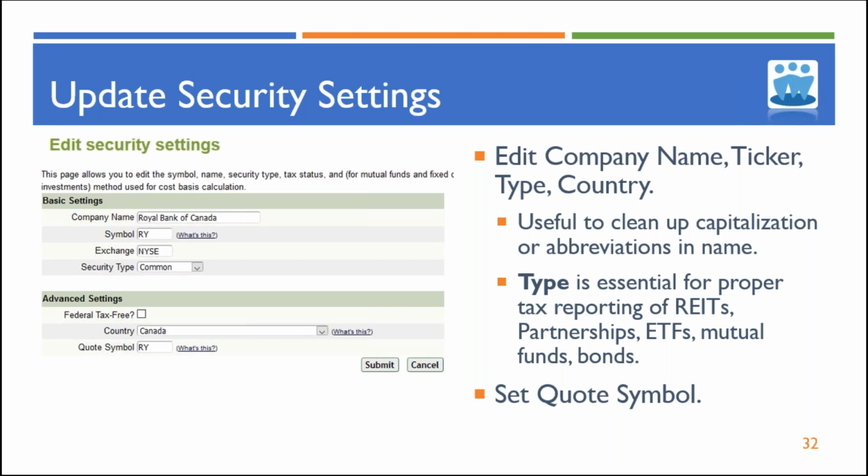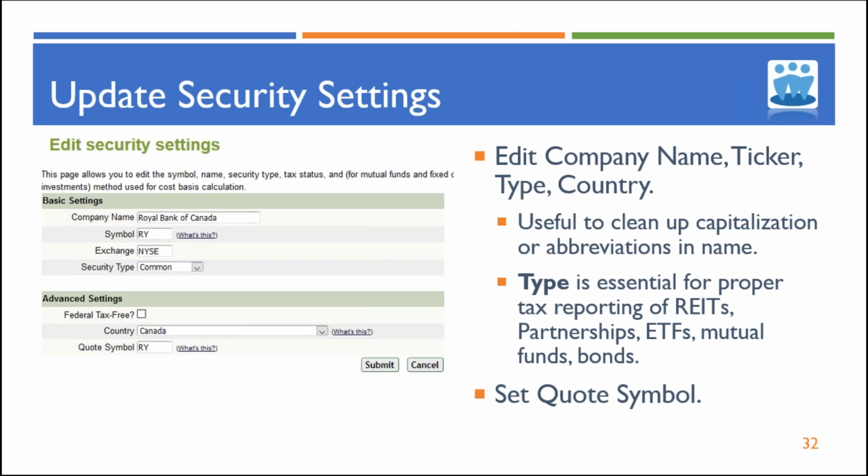And then the quote symbol is here if you are using the program to track multiple lots of the same security, but you really want to see them on separate lines on the valuation statement. You can change the symbol up above in the basic settings to include something like a number. So in this case, it's Royal Bank of Canada. The ticker is RY. We can make that symbol at the top be RY1, RY2, RY3 for three different lots.